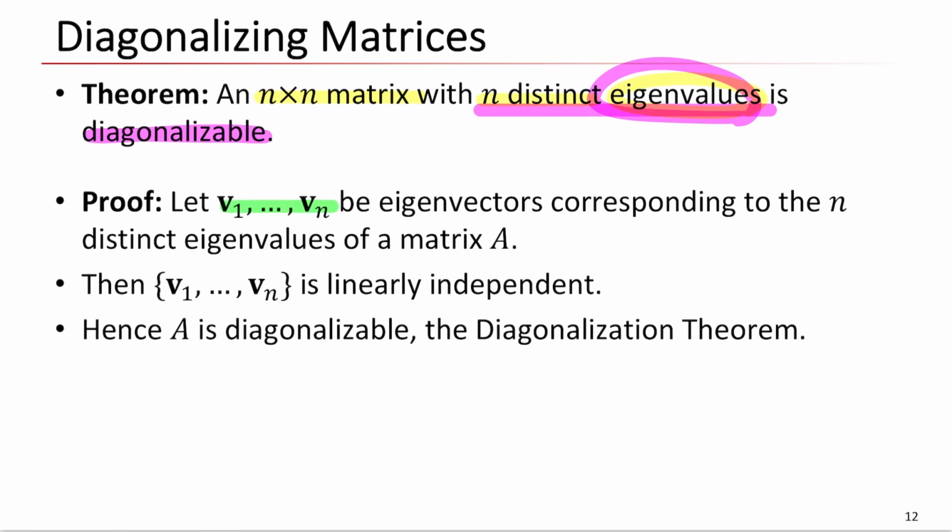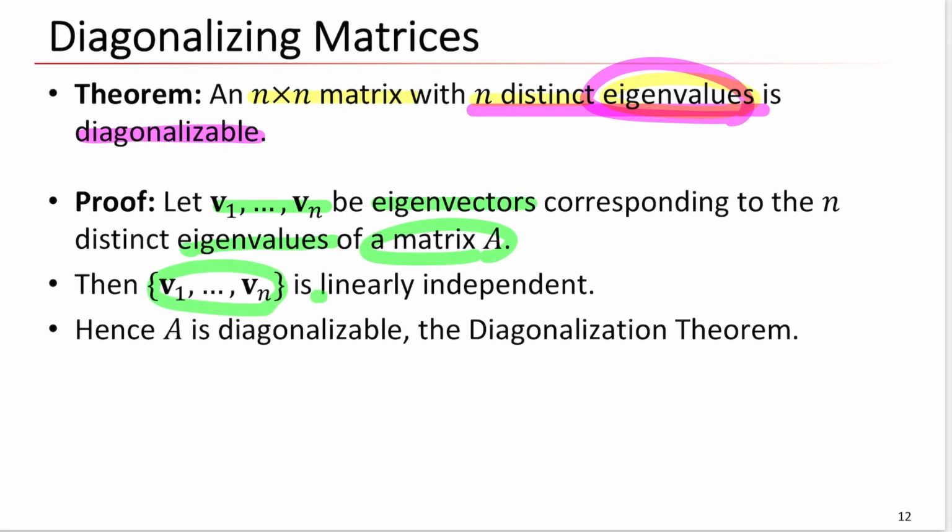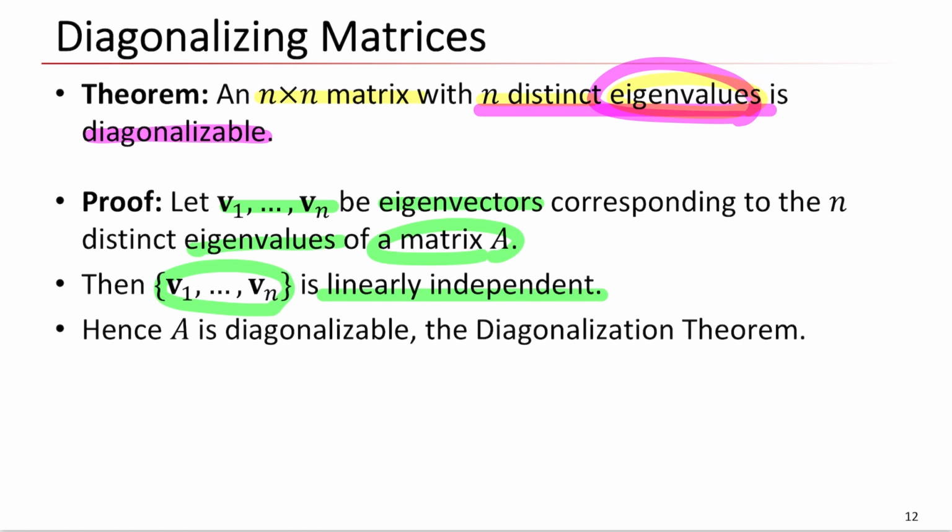Let's say V1 through Vn are eigenvectors corresponding to the n distinct eigenvalues of the matrix A. Then we already know V1 through Vn are linearly independent. Why?